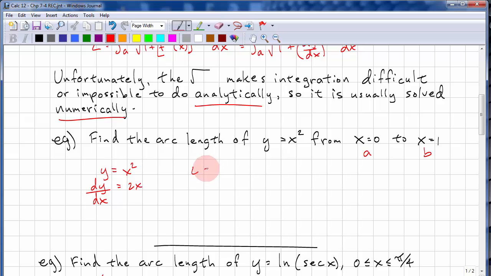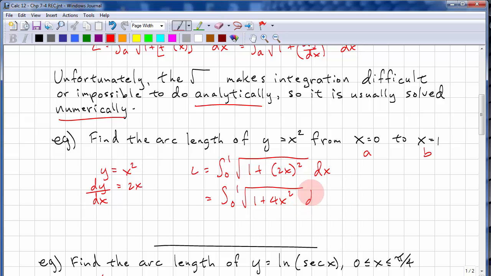Okay, so our arc length goes from 0 to 1, square root of 1 plus 2x squared. And this is where most students make an error. They forget to square this. So now we have 0 to 1, square root of 1 plus 4x squared dx.